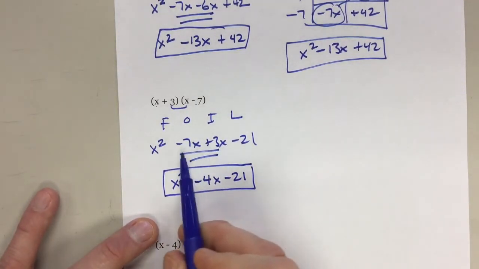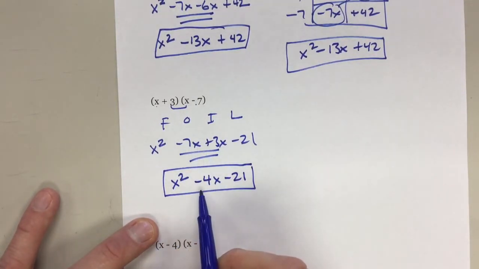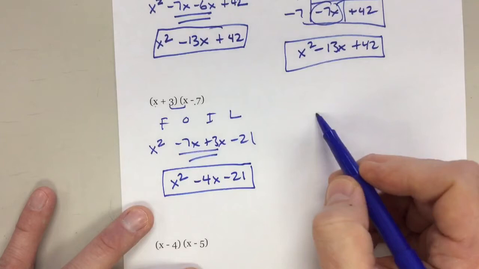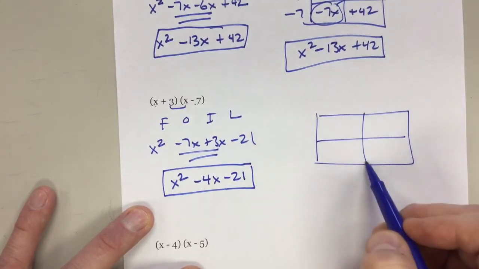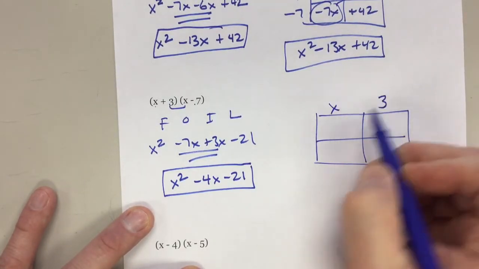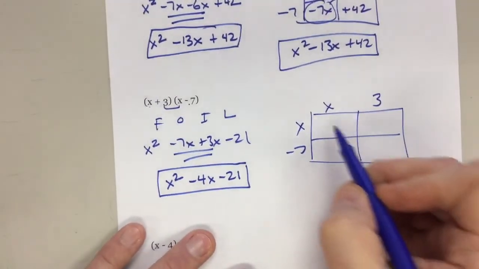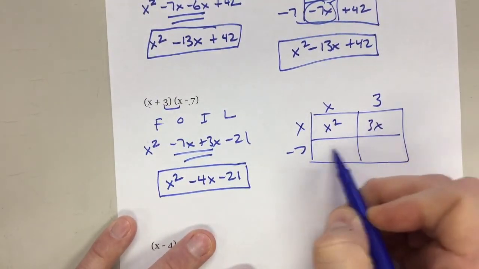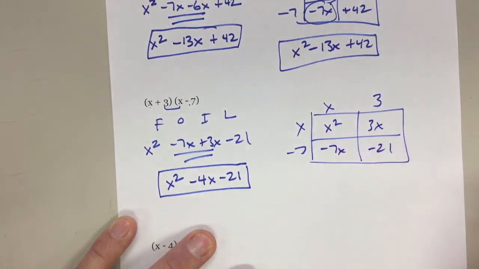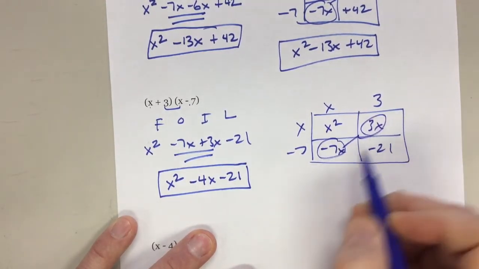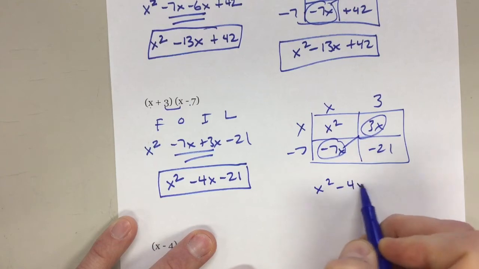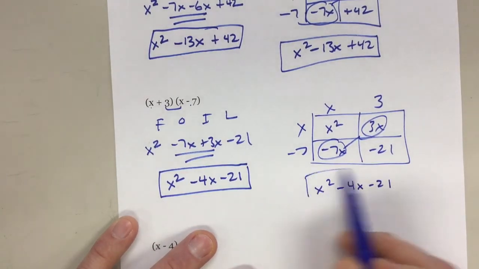So be cautious when you're adding positives and negatives together. Make sure you end up with the right sign. We're allowed to use the box on these as well. So it'd be x squared, 3x, negative 7x, negative 21. Like terms. There we go.